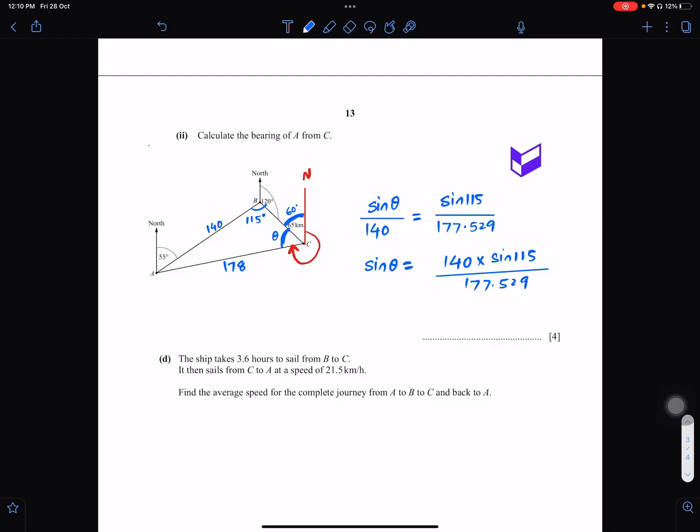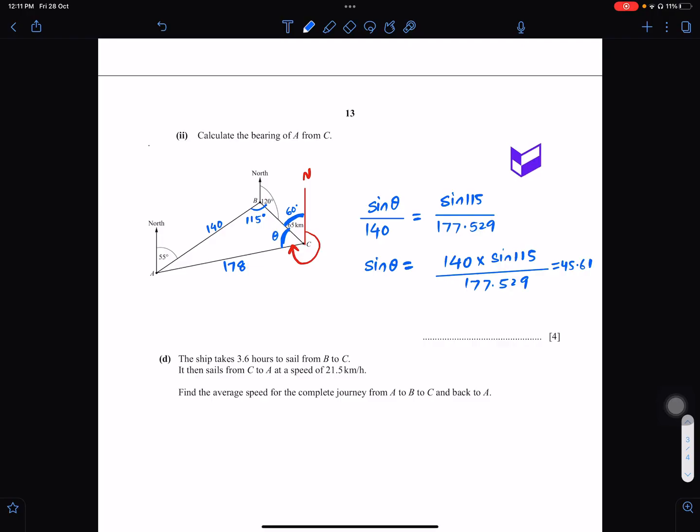So shift sine inverse and type this, which is 140 multiplied by sine of 115 divided by, shift answer is also available on a calculator. I get 45.61. 45.61 degrees is this angle theta, which is one of the angles of the triangle.